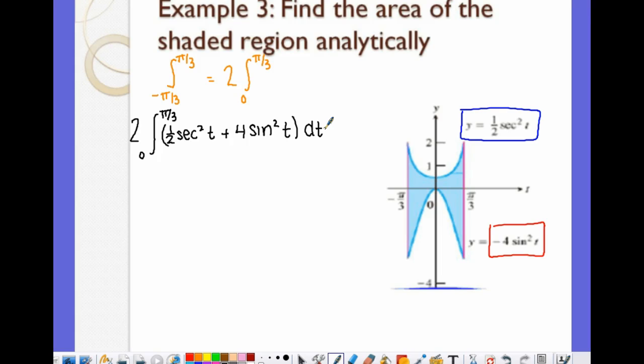So I could rewrite this so that if I did take out the 1/2 and the 2, I'd get the integral from 0 to 5/3 of secant squared t dt, plus, I could do the 2 and the 4 together now to get 8 times the integral from 0 to 5/3 of sine squared t dt.